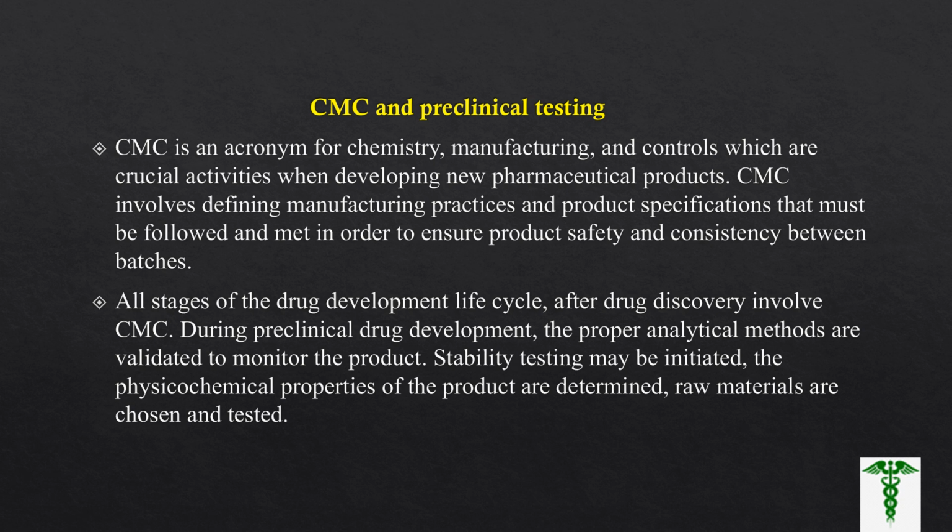It includes all the stages of the life cycle of the drug after drug discovery. So during preclinical drug development, we have to carry out the validation process, and stability testing may be initiated, along with physical and chemical properties, to run the trial with maximum efficiency.